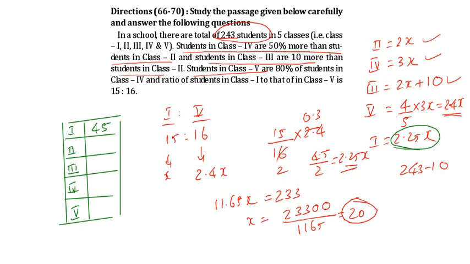Second class 2x, 2 into 20, 40. Third class 2x plus 10, that is 50. Fourth class 3x, 3 into 20, 60. Fifth class 2.4x, 2.4 into 20, 48. Taking this into consideration, now we have to answer the given questions. Now see first question.